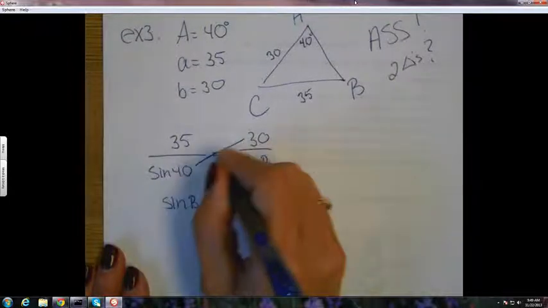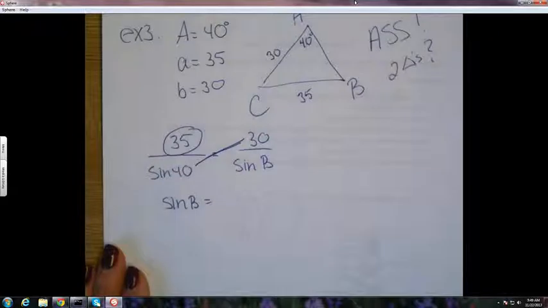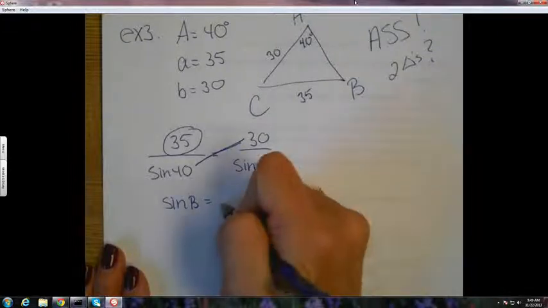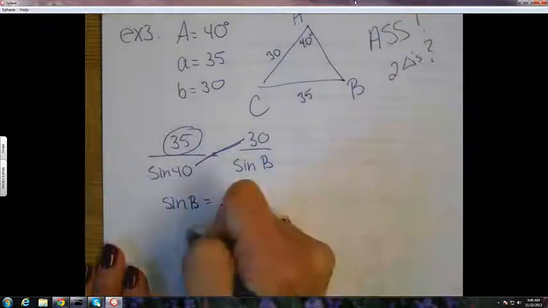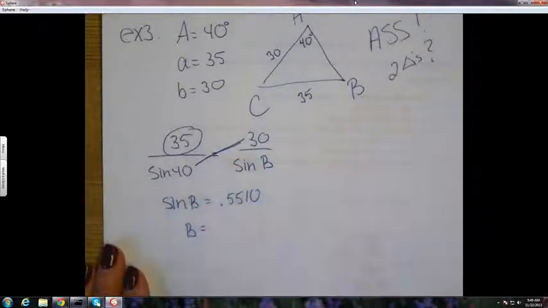Multiply here, divide here. 0.55 is correct. And then to get angle B, inverse sine, and I know you're going to have at least one triangle here because this is going to give us an answer.